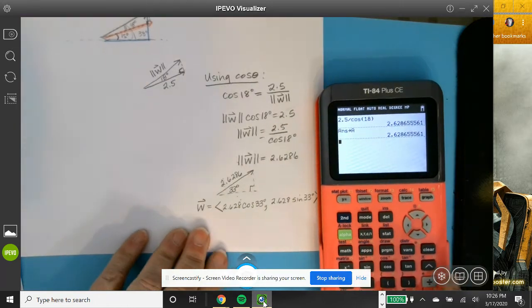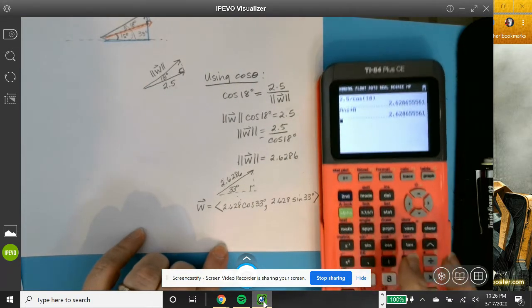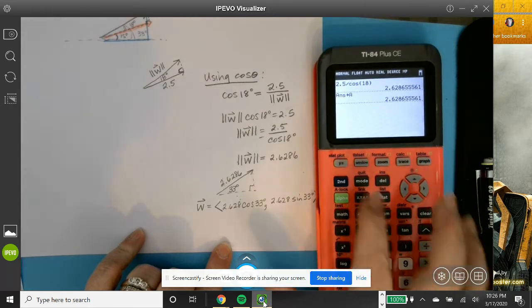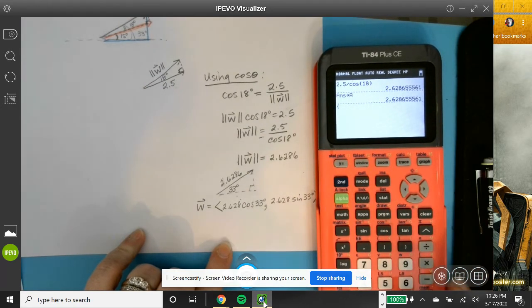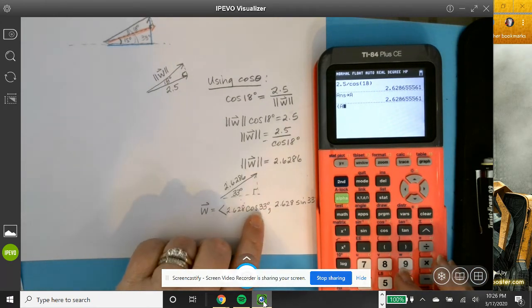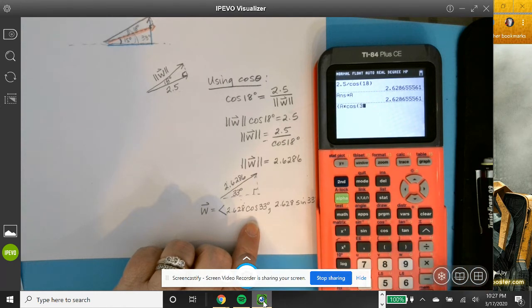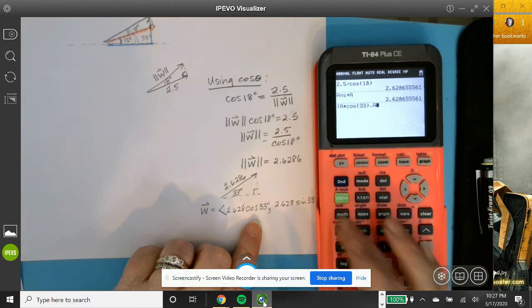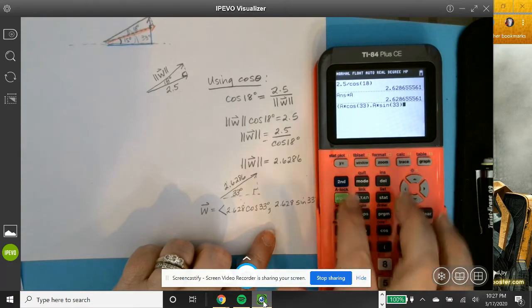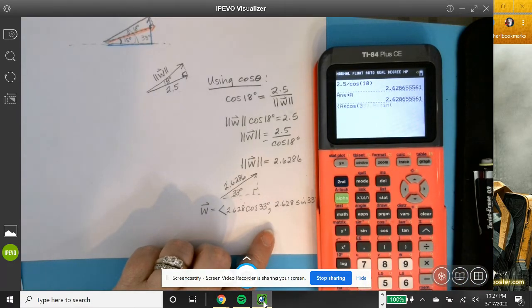All right, and in my last video, I showed you guys how to do vectors, but if you don't remember, you can use the curly braces. So we can go second curly brace, and I can say alpha A, because that's where I stored my magnitude, times the cosine of 33 degrees, comma, alpha A times the sine of 33 degrees. Second curly brace, and there's my vector.